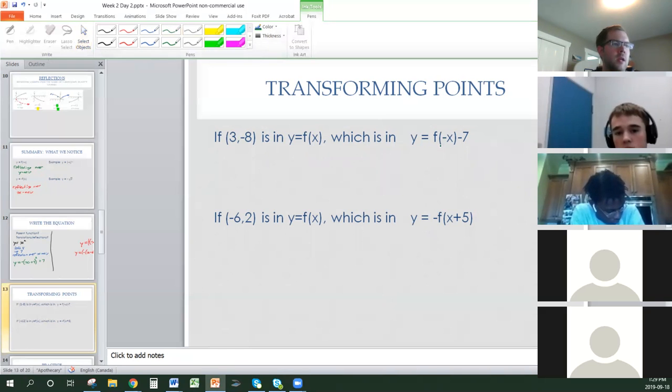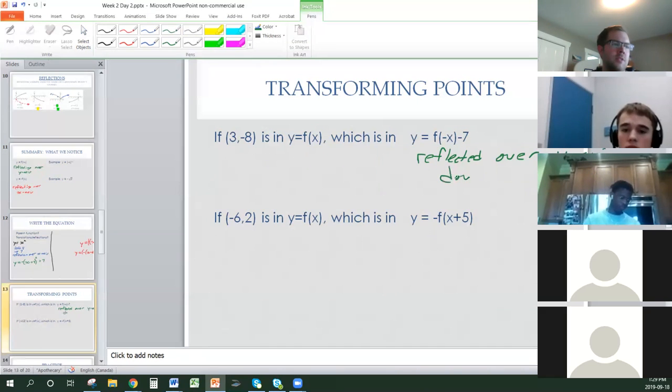So in this one, this is being reflected over the y-axis, and it's going down 7. So here, when I've got the point 3, -8, it's right there.